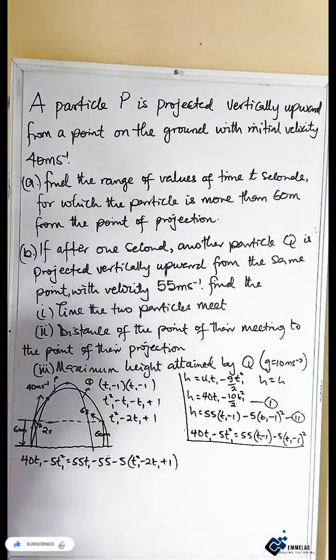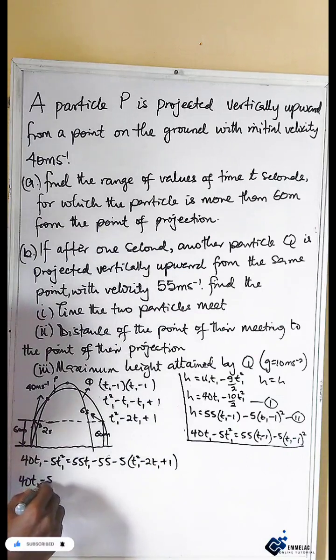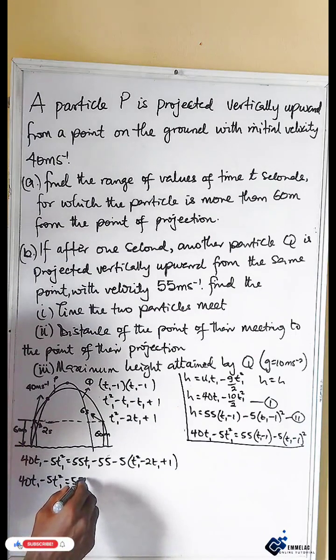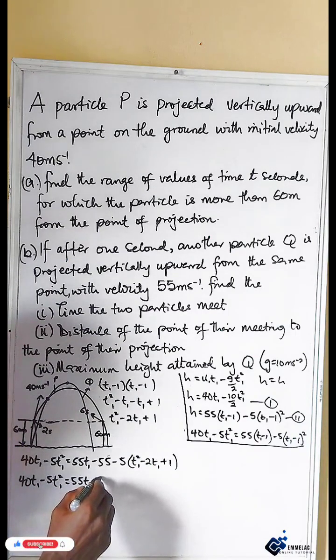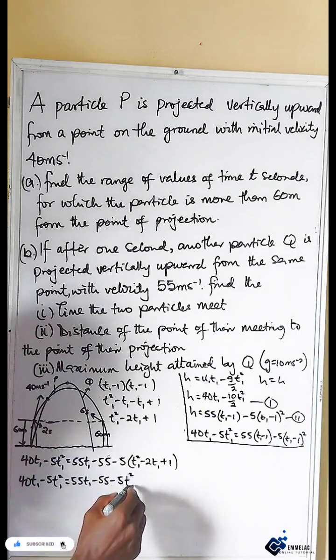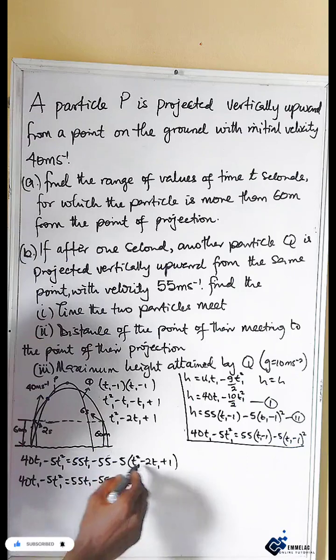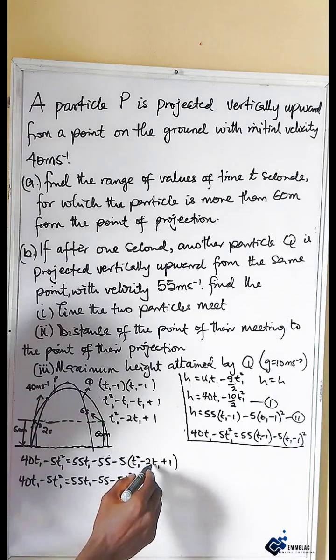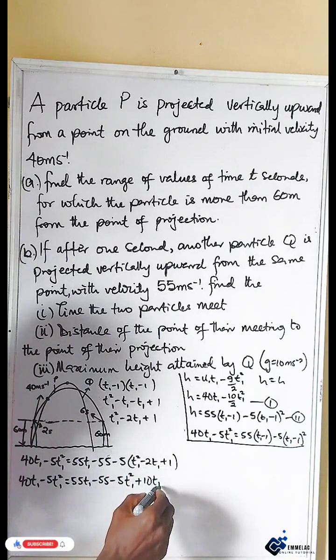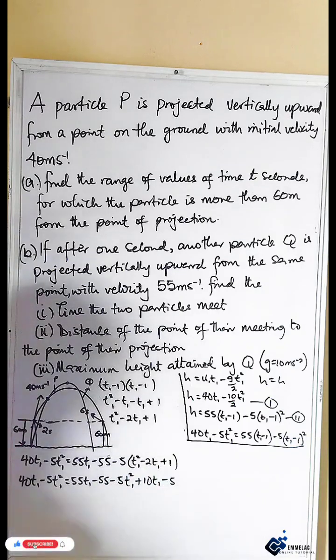Okay, now here we have 40 t1 minus 5t squared 1 then equals 55 t1 minus 55 minus 5t squared 1 then minus 5 times minus 2t1, we have plus 10t1 then minus 5.